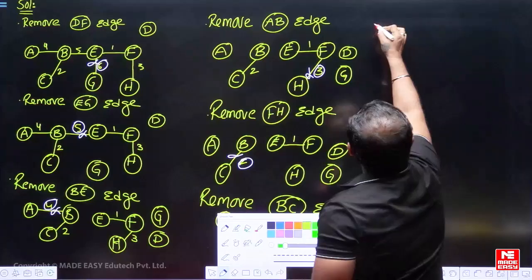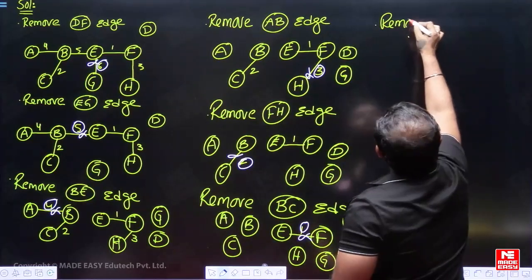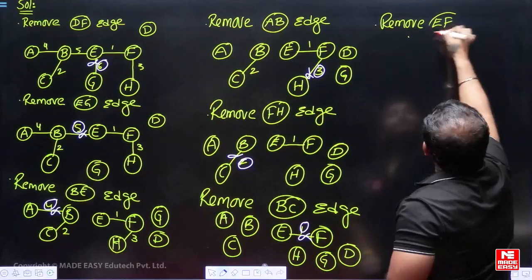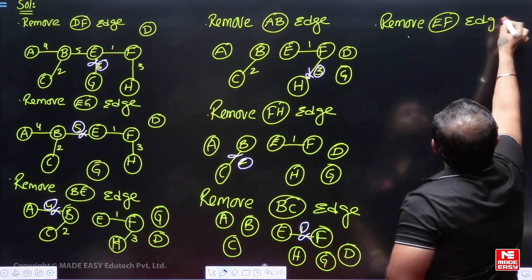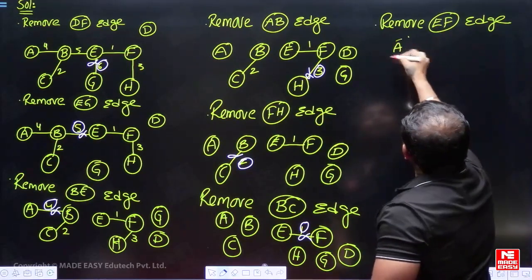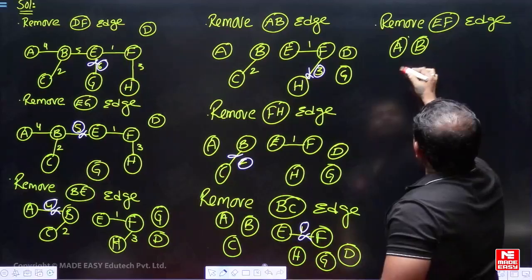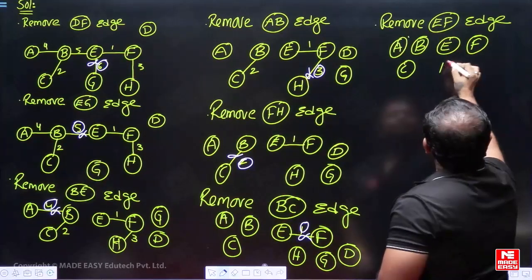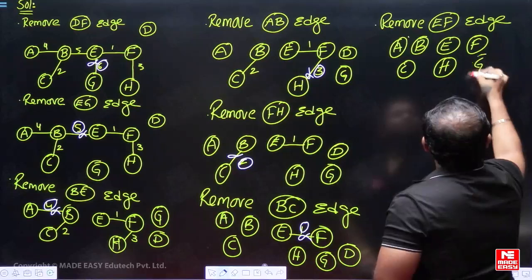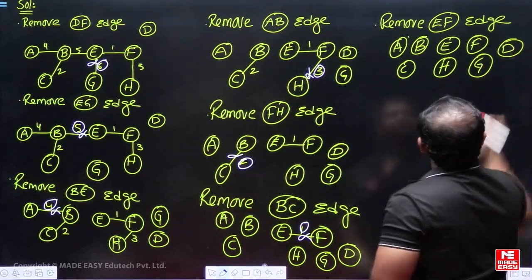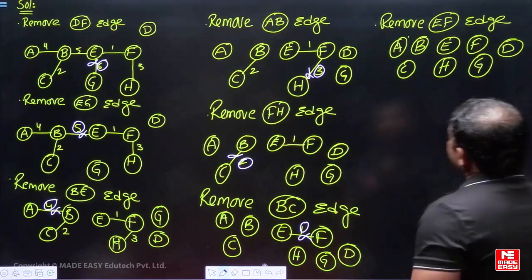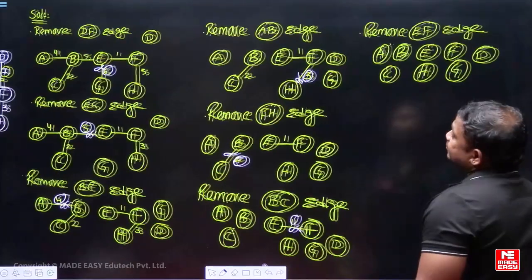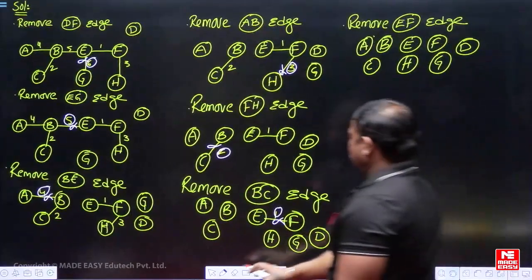Now remove the EF edge. Now you have A, B, C, E, F, H, G, D. All are independent, right? This is the way of splitting clusters from top to bottom.